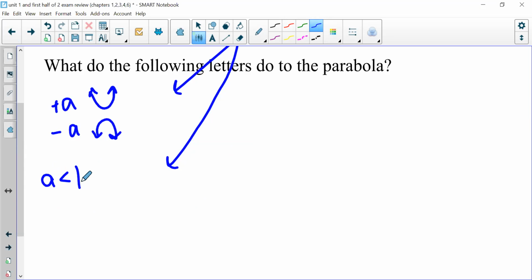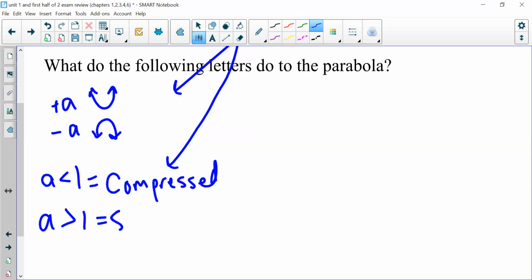So if A is less than 1, so it's a fraction or decimal, not negatives, what is that going to be? Stretched or compressed? It would be stretched. So if you took me and made me half of my height, no, compressed. Good. Compressed. And then obviously the opposite is true. If it's greater than 1, it's stretched. Okay.